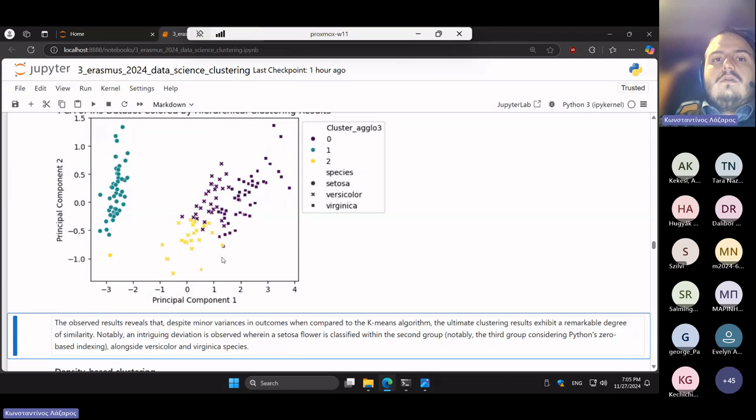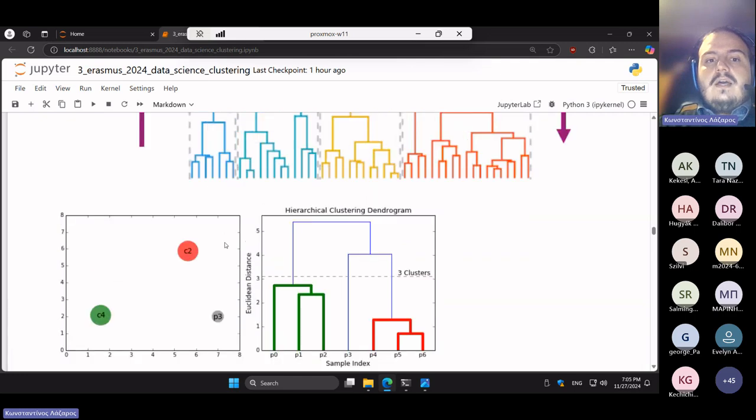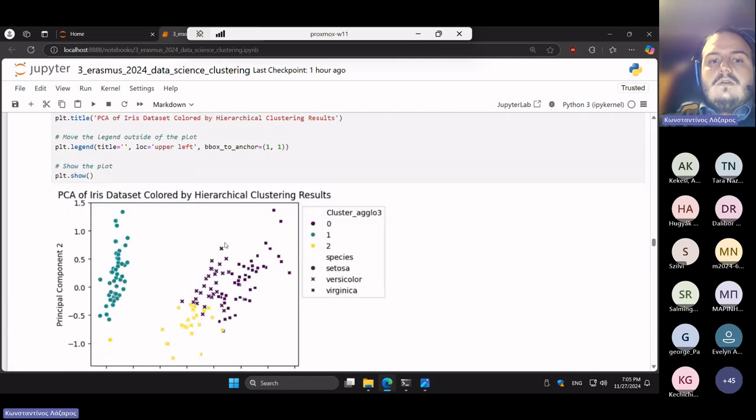So the main thing here, just to make things 100% crystal clear once again, is that in the case of Iris, this happens mostly because of the way the data are structured and because of the way the algorithms work. As you can see, they might be a bit similar, but they have different end philosophies.